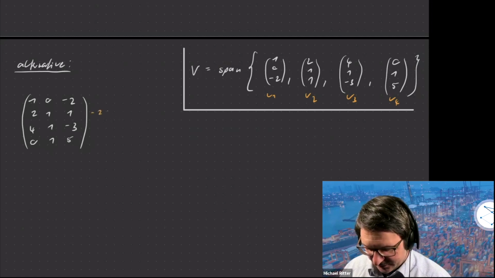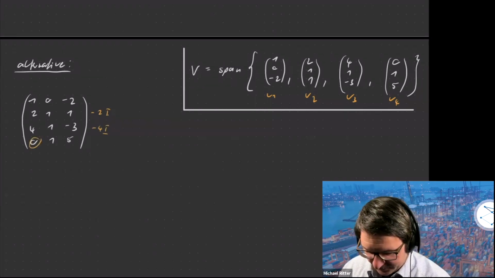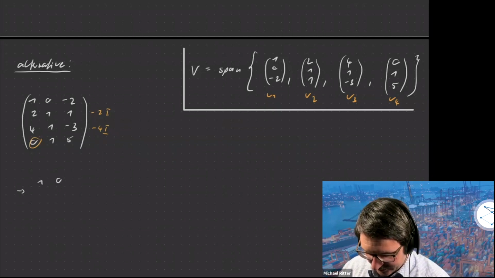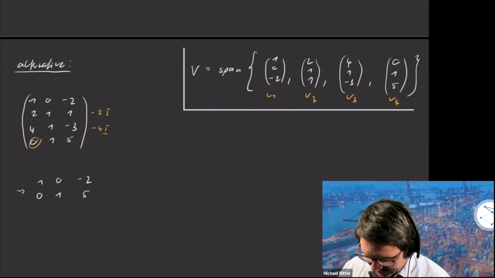So we subtract 2 times the first line here, 4 times the first line here. There's a 0 here already, so we're good. That means the first row is just being copied, 1, 0, minus 2. The second would become 0, 1, 5. The third becomes 0, 1, plus 8, that's a 5 again.